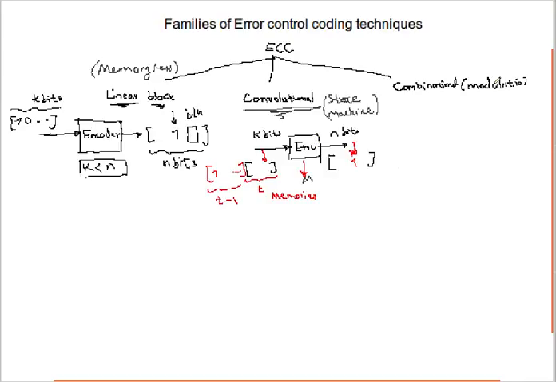The third one is combined codes. The idea is very simple: to combine, for example, some linear or convolutional codes with modulation.